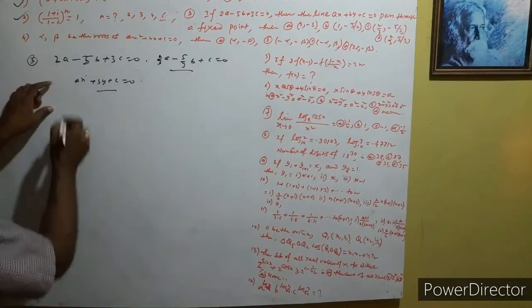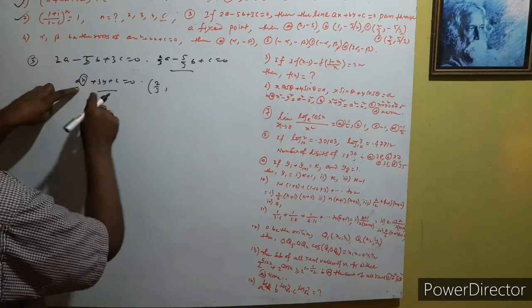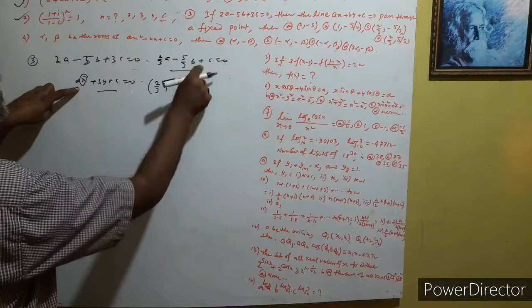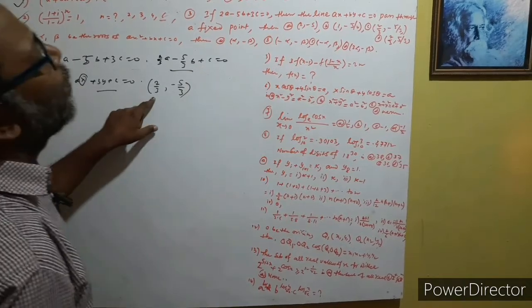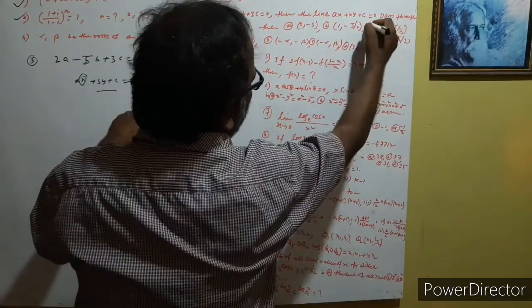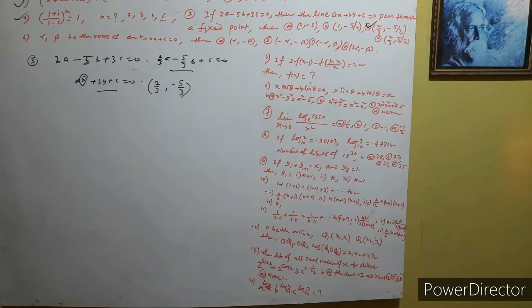Compare with this. If we put x = 2/3 and y = −5/3, then we get this condition. So what is the point here? (2/3, −5/3). Option C is satisfied.